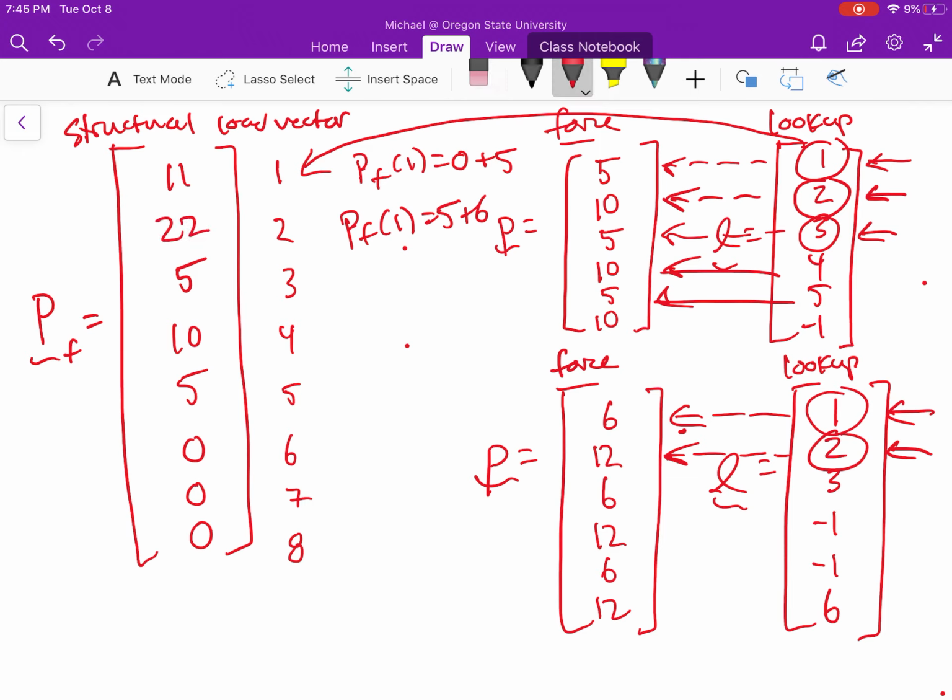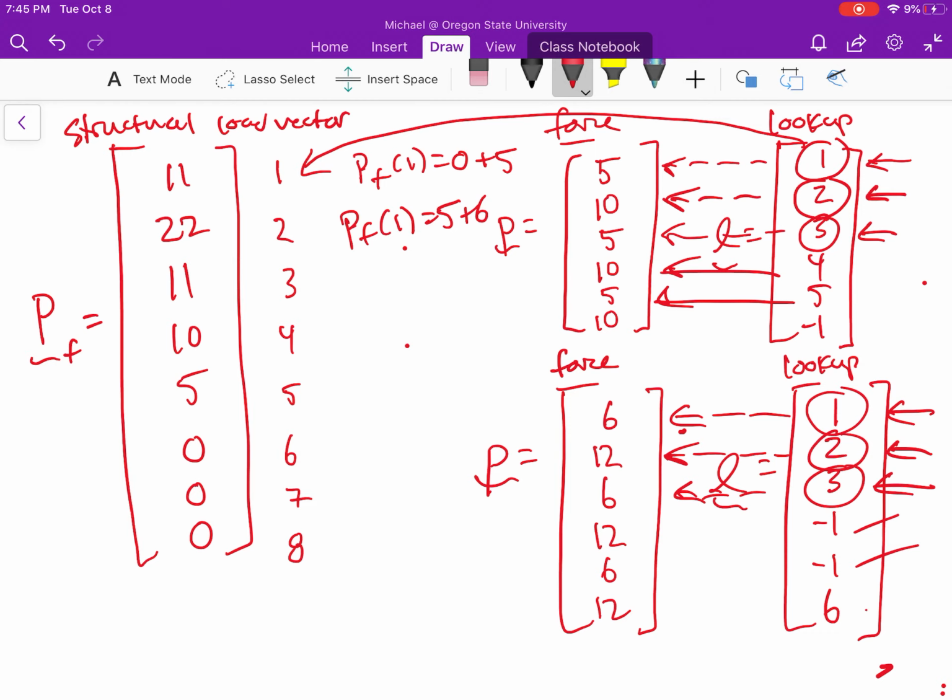Then we go down to the third entry of the lookup vector, which is a value of 3. So in the third entry of P sub f, add the corresponding value from the force vector. We add 6 to this entry, and it becomes 11. The negative 1s, just forget those.